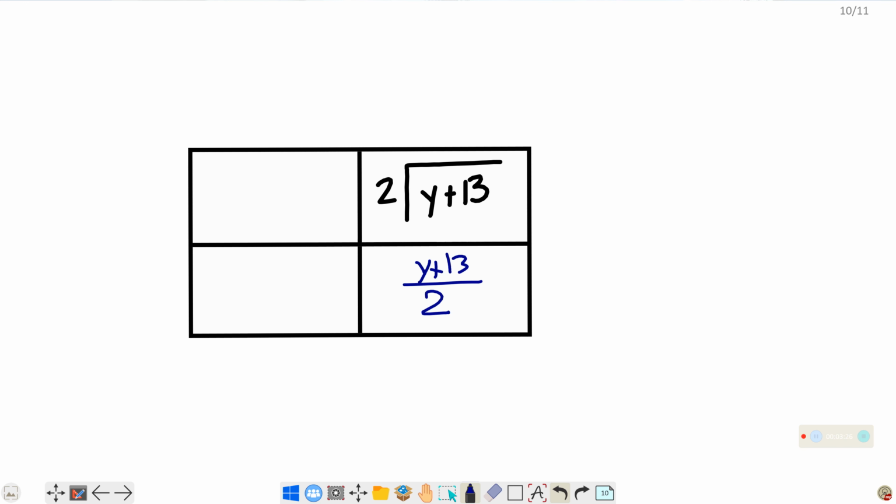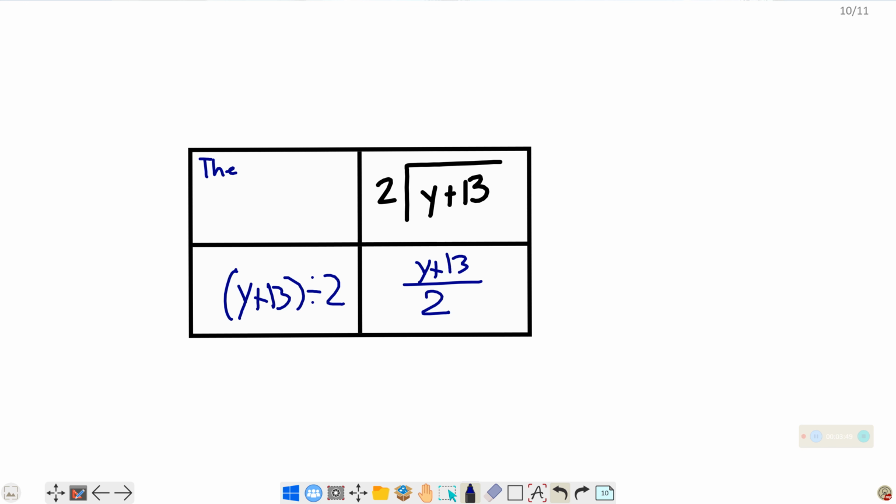Then since the y plus 13 is on the top, you don't have to put the parentheses when it's on the top, but now you have to put the parentheses for y plus 13, then close it, then divided by 2.